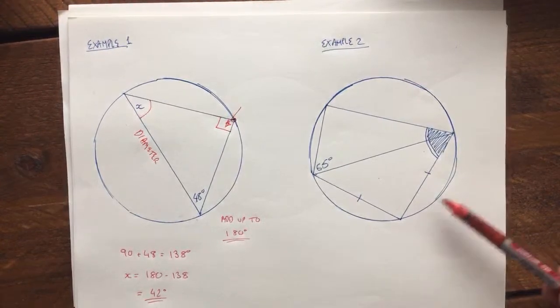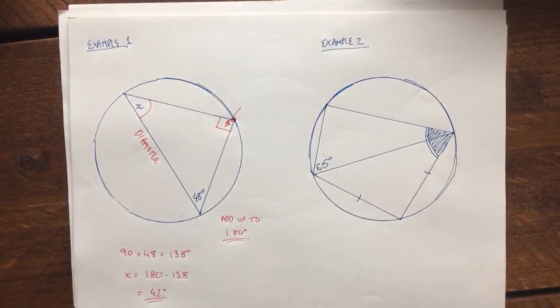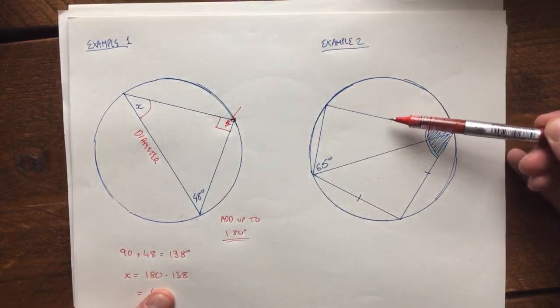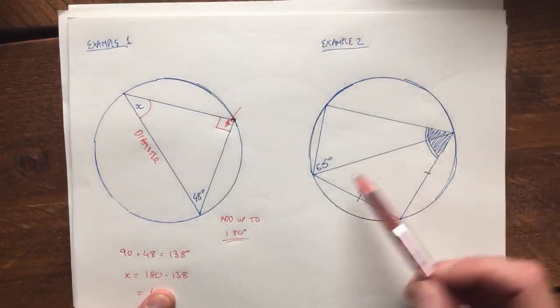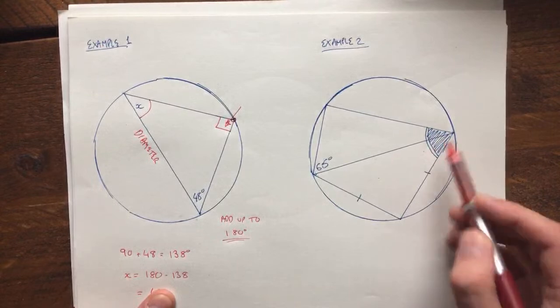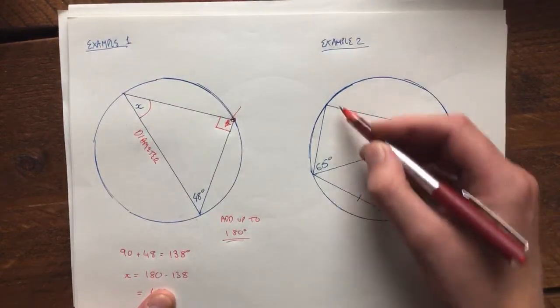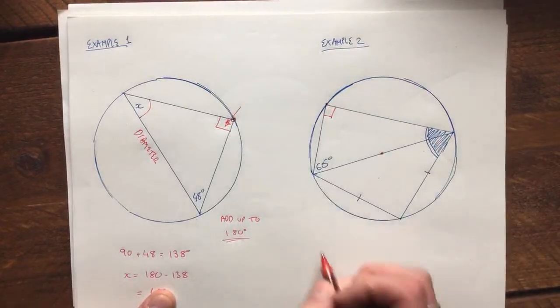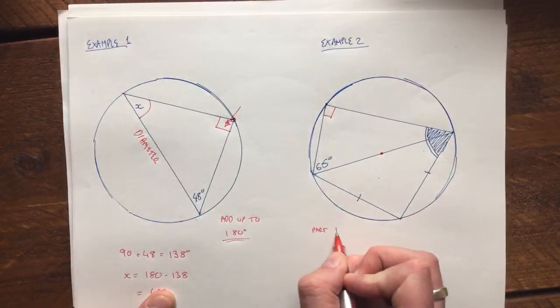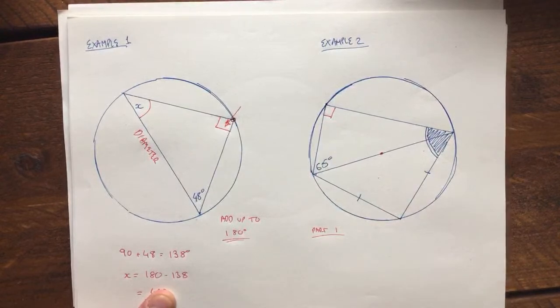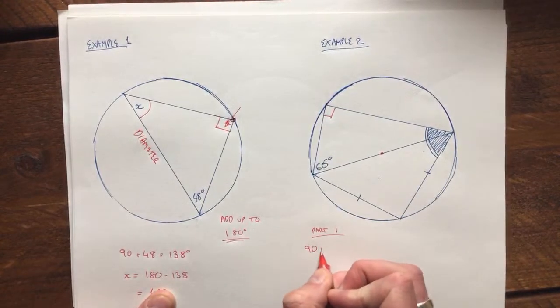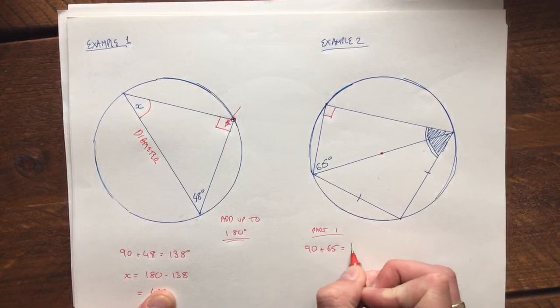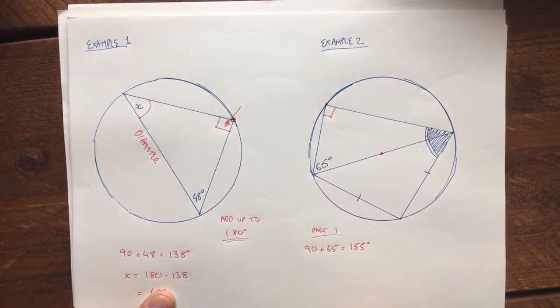Now it's very similar over here, apart from this time I'm looking for that whole shaded angle, so across two triangles. The top triangle here, we can do in a very similar way. Firstly, we've got the diameter going through the centre of the circle, coming out to meet the circumference, so we know that's 90 degrees. Let's call this triangle 1. So far in there we have 90 and 65, so we've got 155 degrees so far.